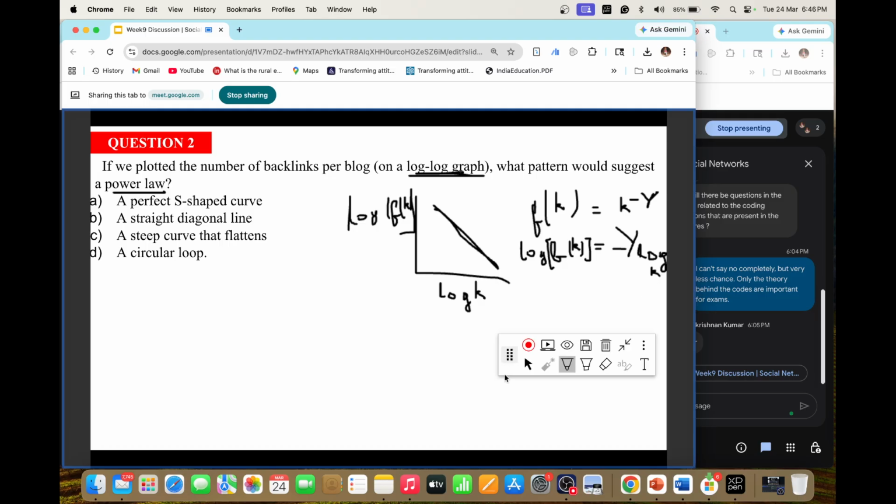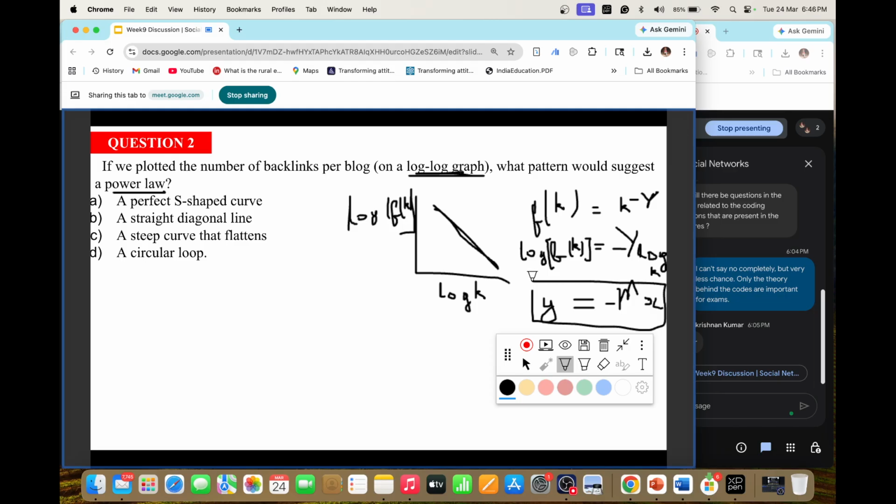This is y equals minus m x, where gamma equals m and log k is x. So that is why this curve is a straight line with a receding slope. Okay, so this is the answer.